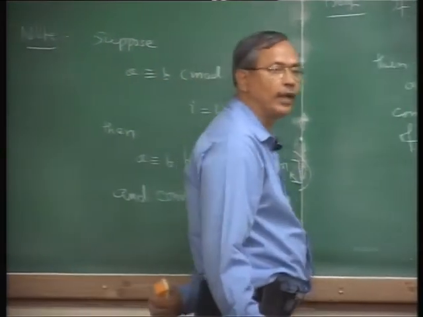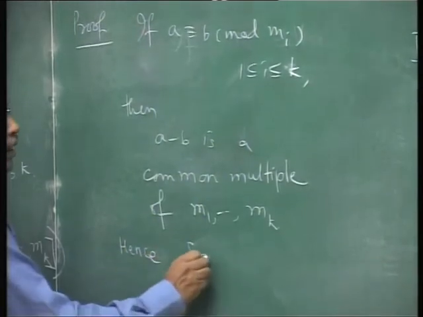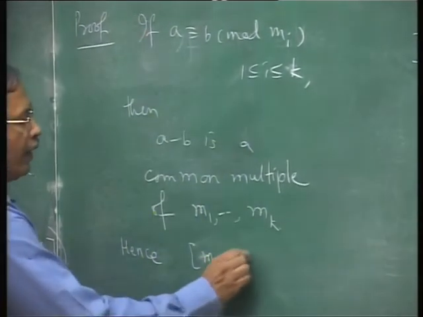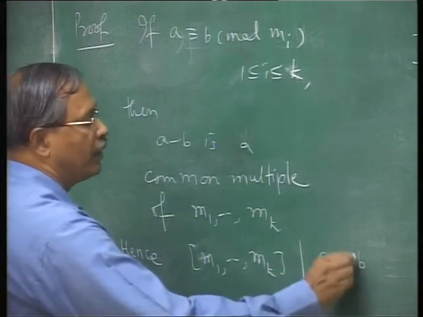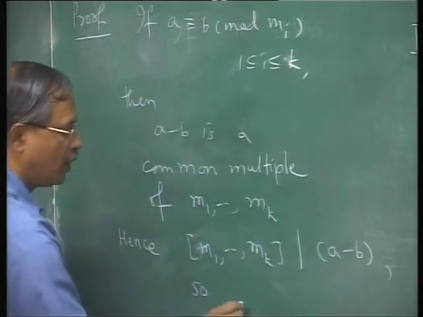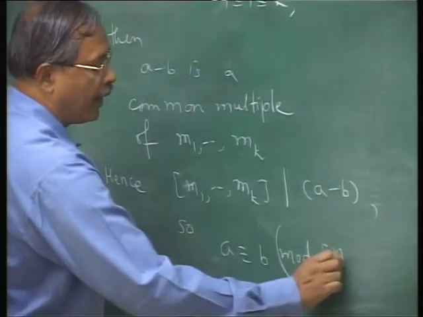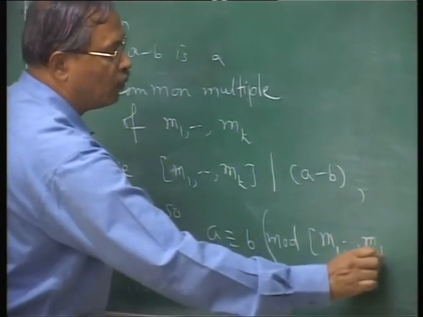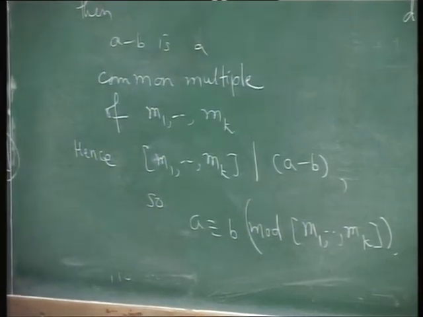That is a property of LCM. Hence, the LCM of m1, m2, ..., mk divides A minus B. So A congruent to B mod the LCM of m1, m2, ..., mk.